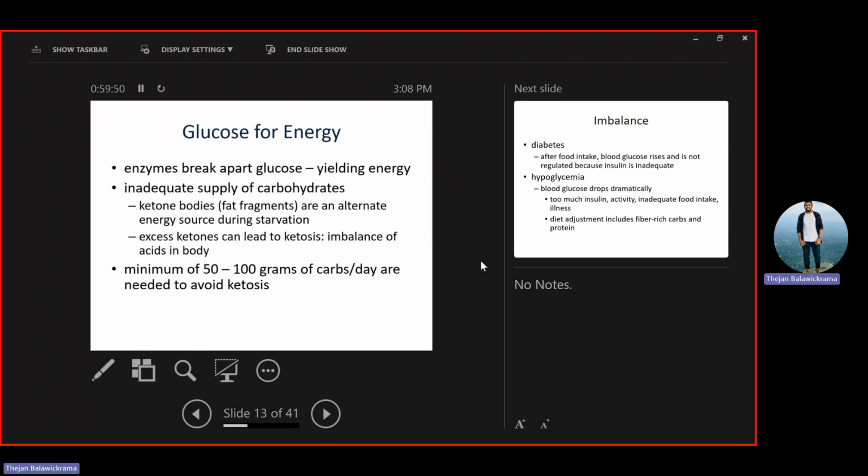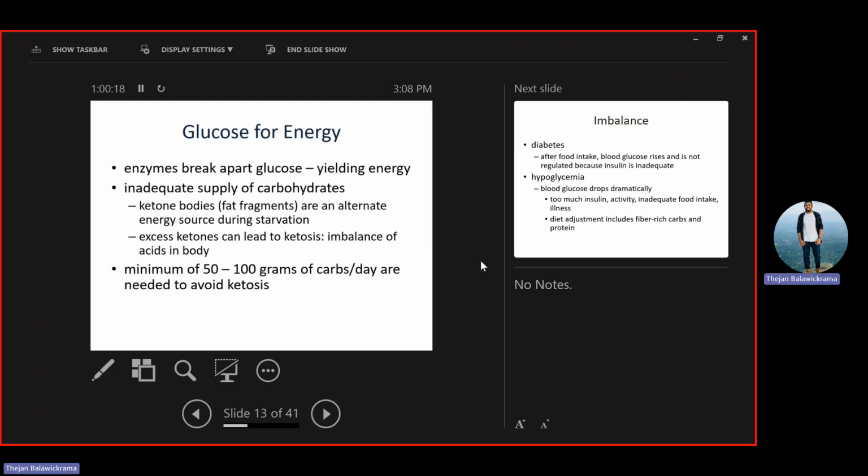Now, the moment this balance goes off, there are health issues. In this case also, with aldoses and ketoses, there should be a balance.